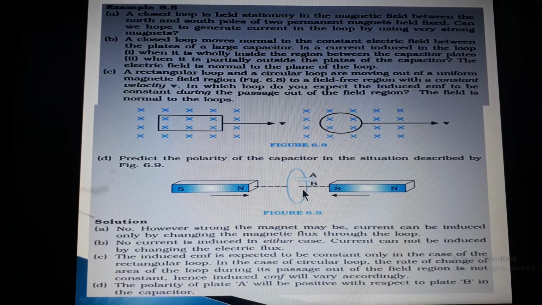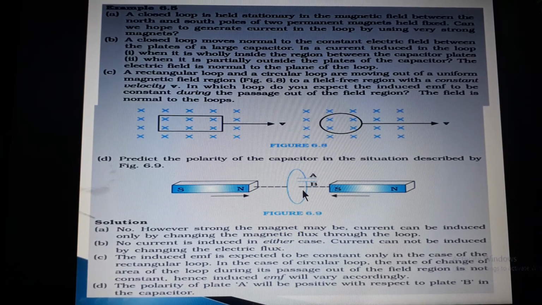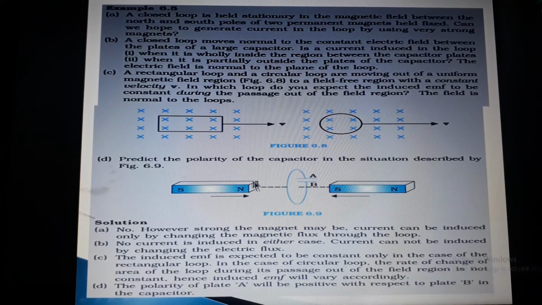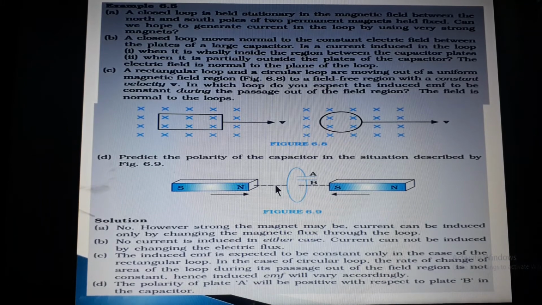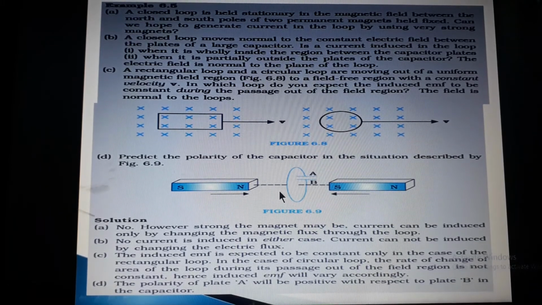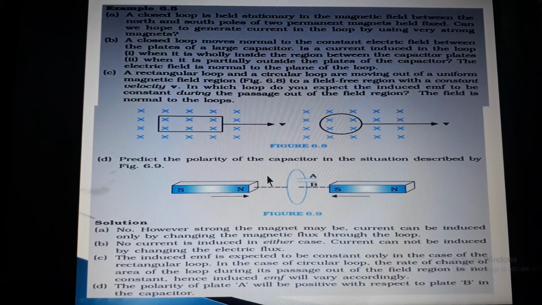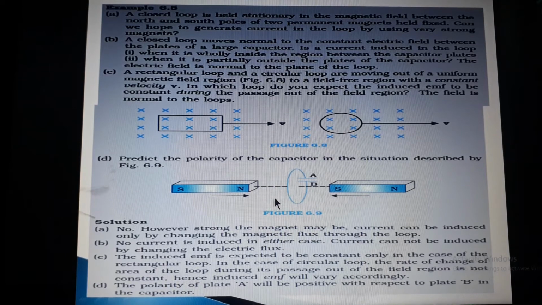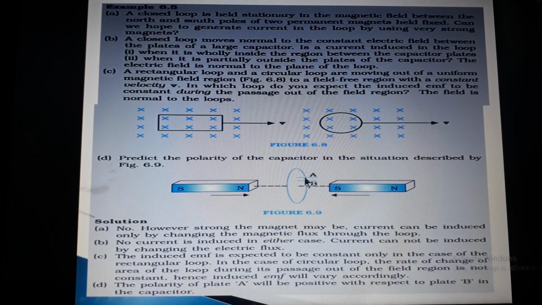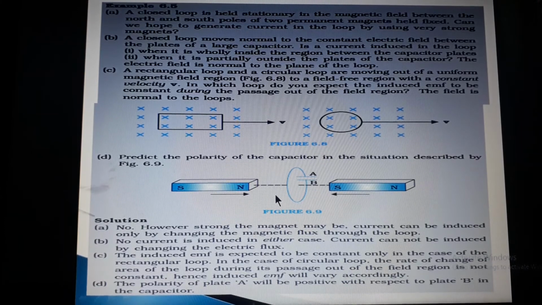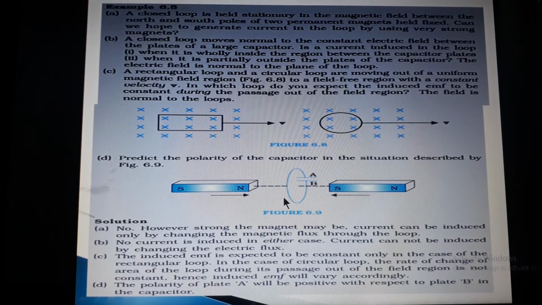At that time in the coil, when the magnet is moving towards the coil, the number of magnetic field lines interacting with this coil is increased, and to resist that, current flows, or you can say EMF is induced, in the counter clockwise direction.